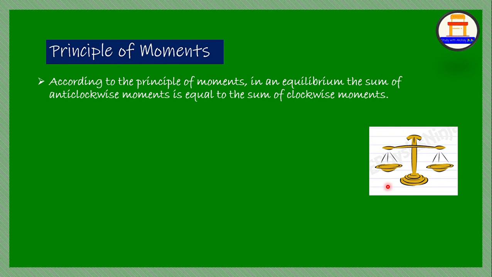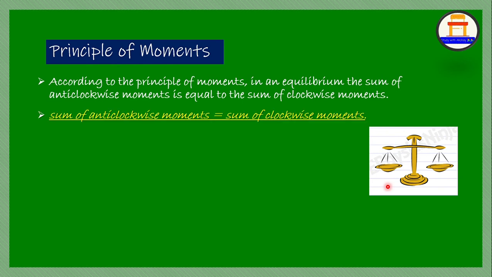Now we have an expression: the sum of anti-clockwise moments is equal to the sum of clockwise moments. How to write that? The weight of the anti-clockwise side and its length should equal the weight of the clockwise side and its length. Basically, the product of them: W1 L1 is equal to W2 L2.